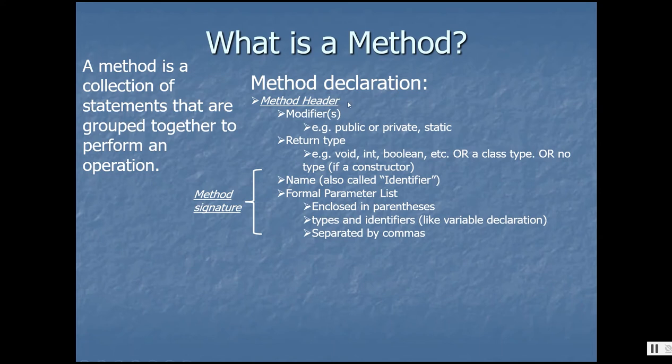One piece is what we call the header. And the header includes a modifier, return type, something called a signature, which is composed of its name or identifier, and you've had to deal with identifiers of things, obviously, like variable identifiers and class identifiers and method identifiers.